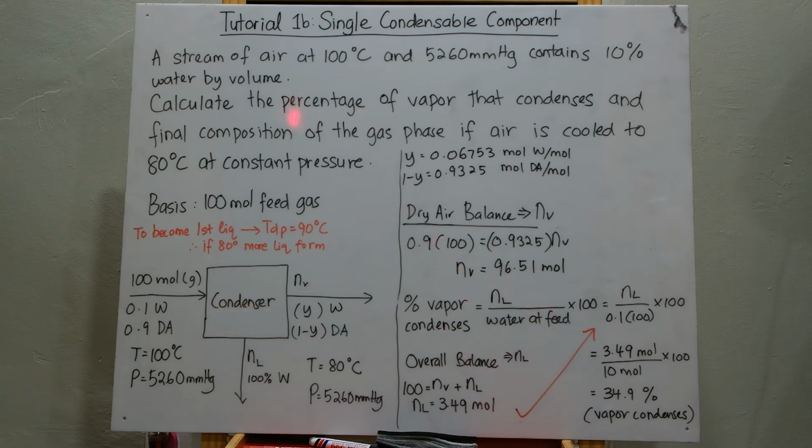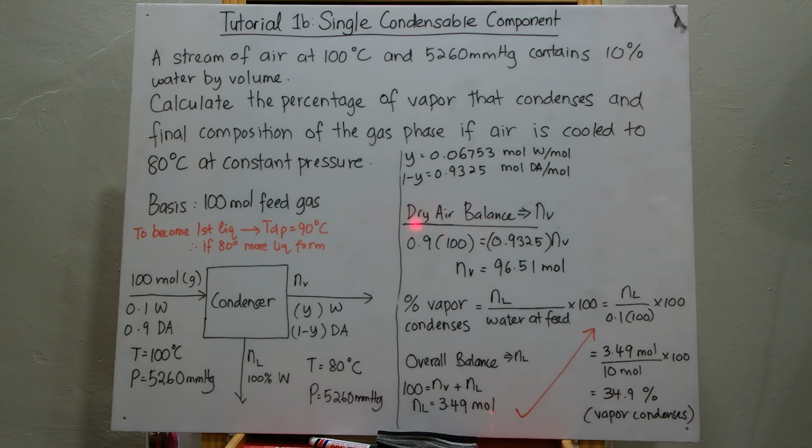That's what is meant by percentage of vapor that condenses. This is the thing they want to find. Percentage, so times by 100. In order to find NL, first of all, we have to find this first.